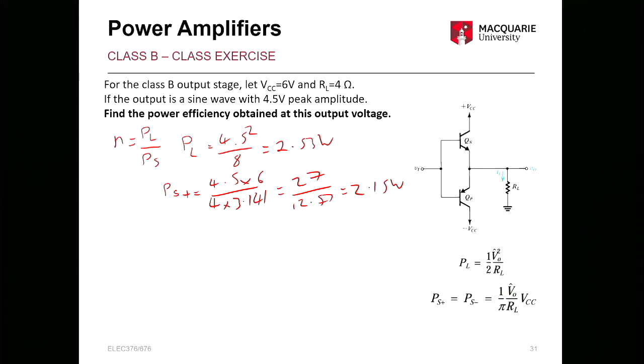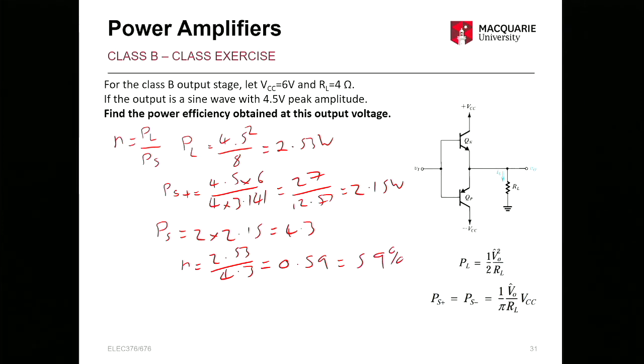So PS minus will be the same. We can say that PS is going to be equal to 2 times 2.15, 4.3. So the efficiency is 2.53 over 4.3 equals 0.59, 59%. Okay, everyone happy with that?